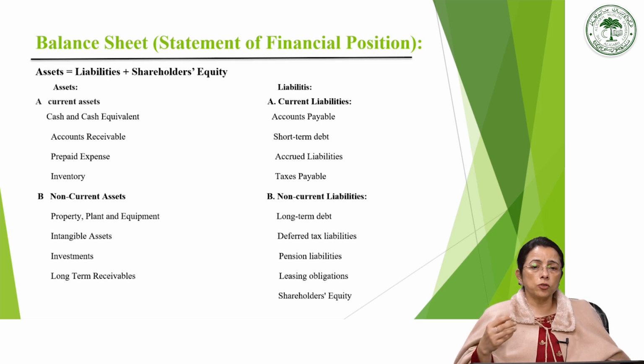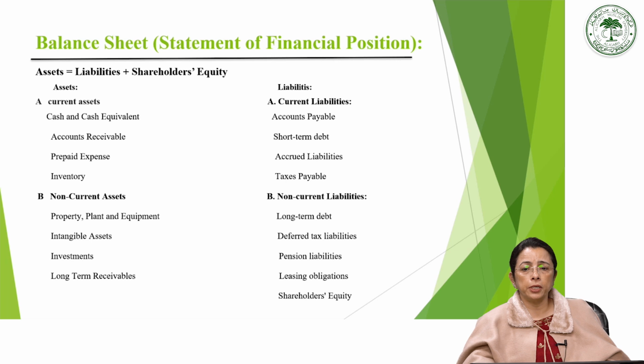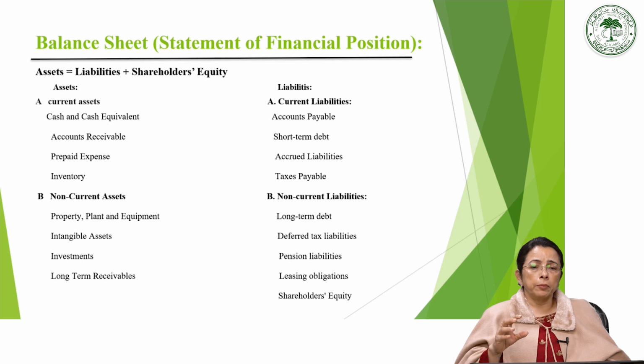we can define them as current or non-current. So some of the heads under the current liabilities are accounts payable, sometimes also called bills payable, that is the amount which the businessman owes to others. That is, the business owes to vendors for the products or services you have taken on credit.